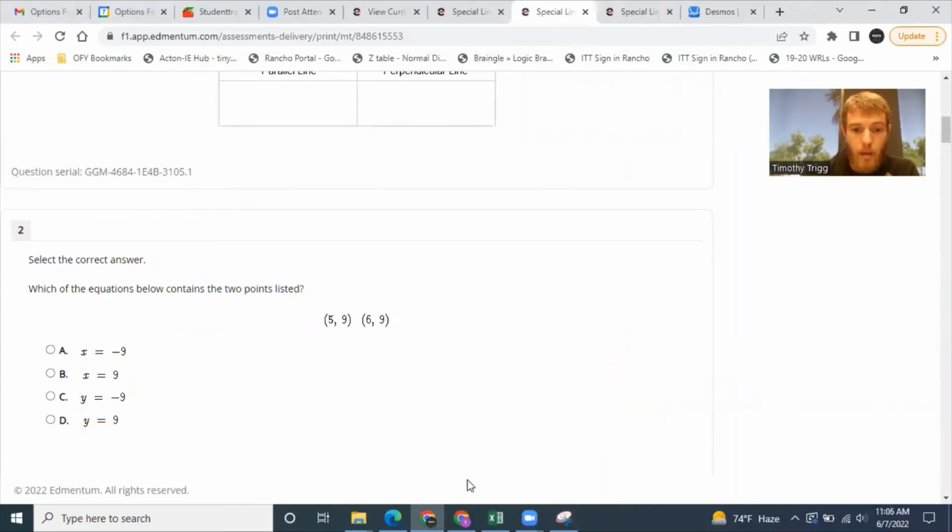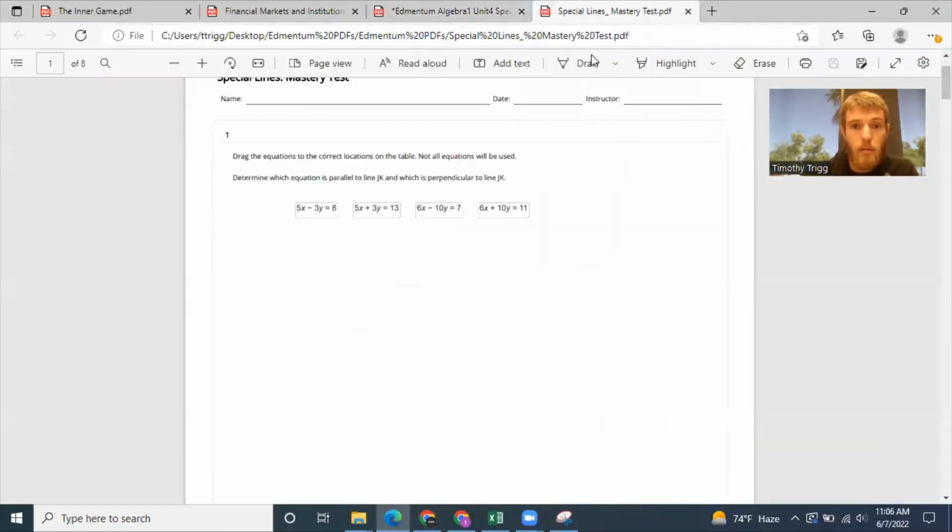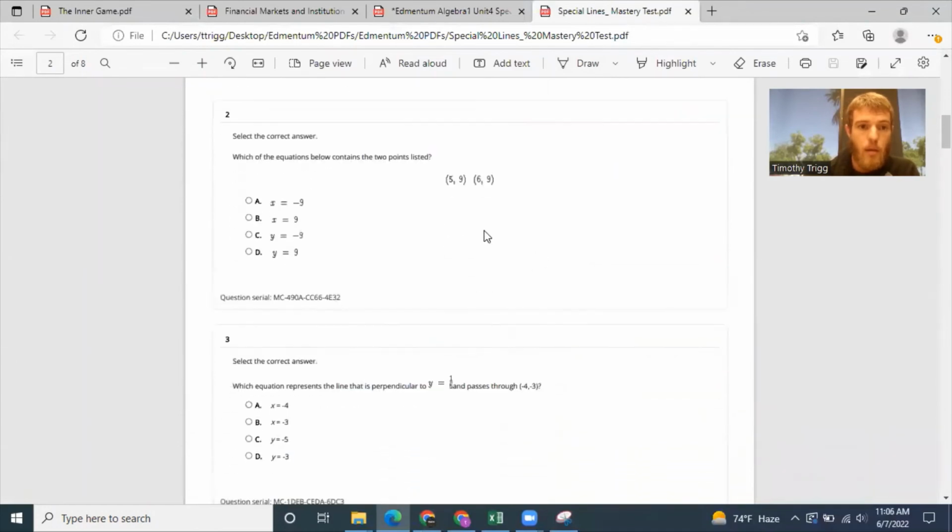Okay, let's go here. Now the next question says, which of the equations below contains the 2 points listed, 5, 9, and also 6, 9? So if we look at where those coordinate points are, 5, 9 would be somewhere around here, and then 6, 9 is right next to it.